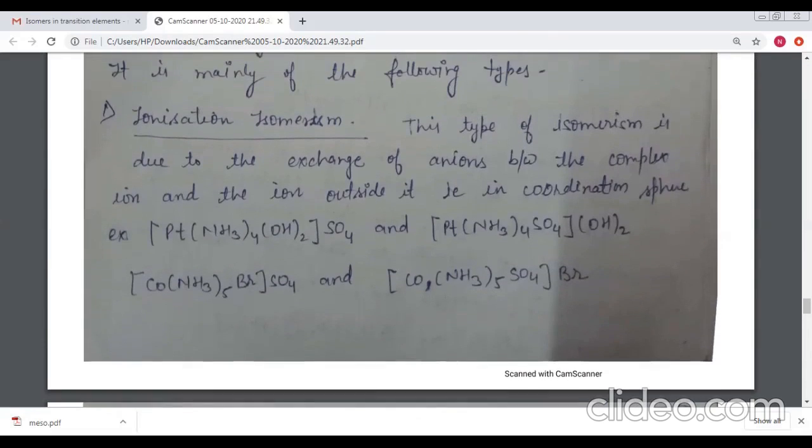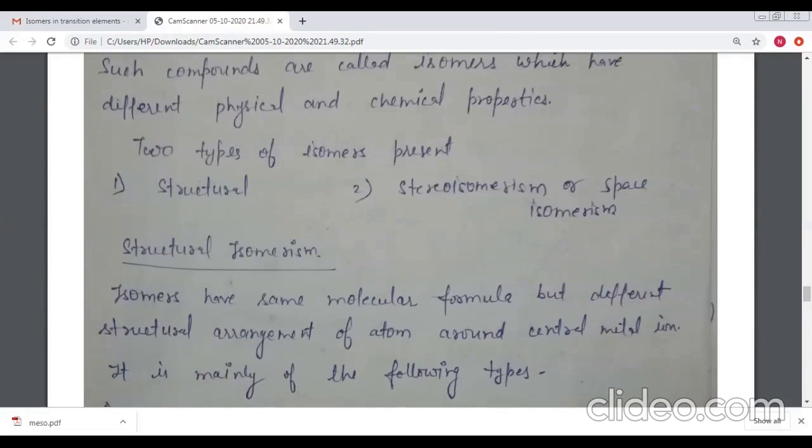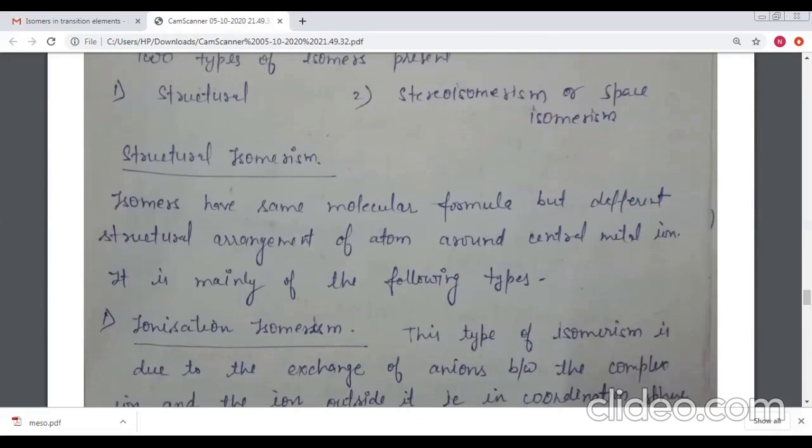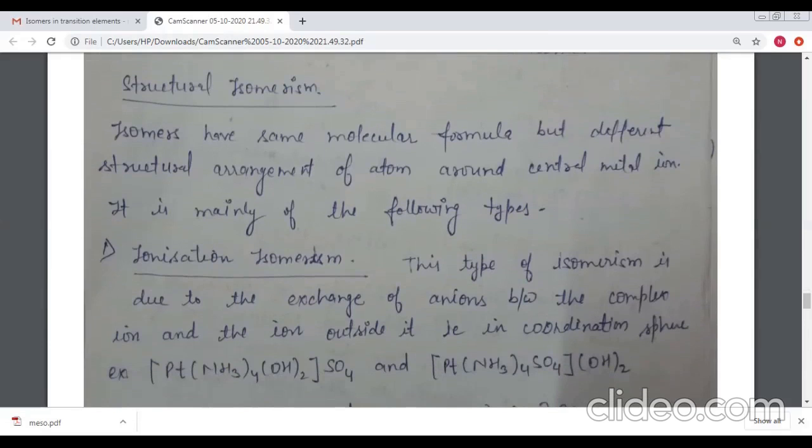Here we discuss the structural isomers of transition metals first. Isomers which have the same molecular formula but different structural arrangement are structural isomers, with atoms arranged around the central metal atom. As we know, there are 7 types.